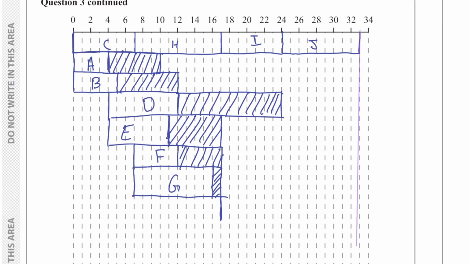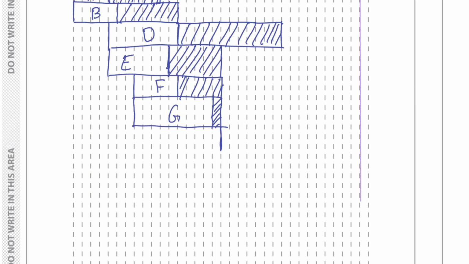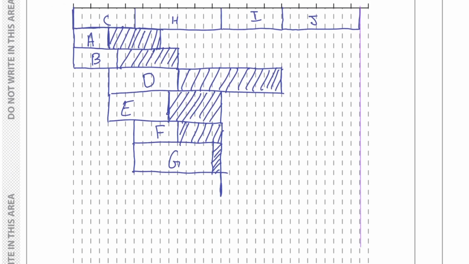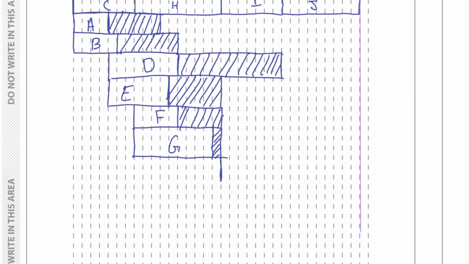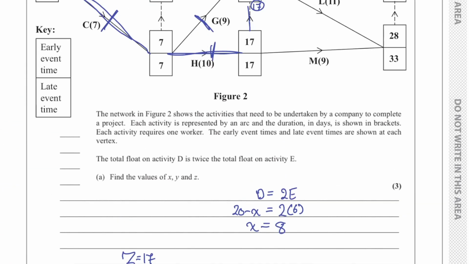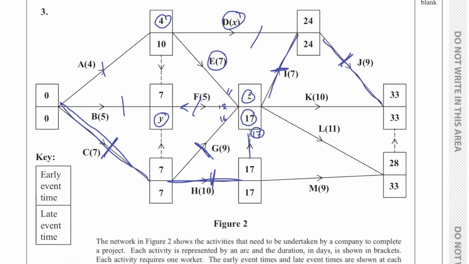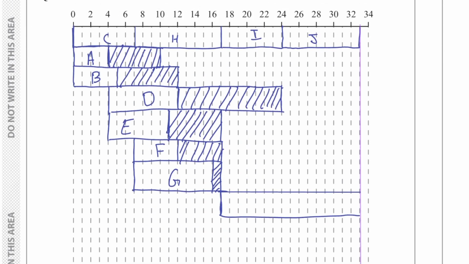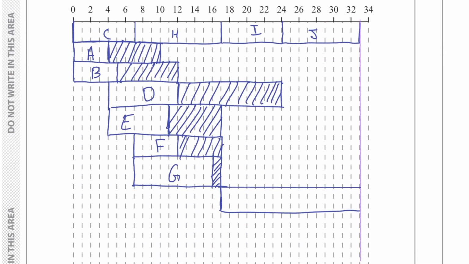So 17 and 33, so we want to go all the way here. And how much was the duration for K? K was 10. So it starts at 17, so it's going to end at 27, which is over here. This is K. The rest is float, so we're just going to shade it.